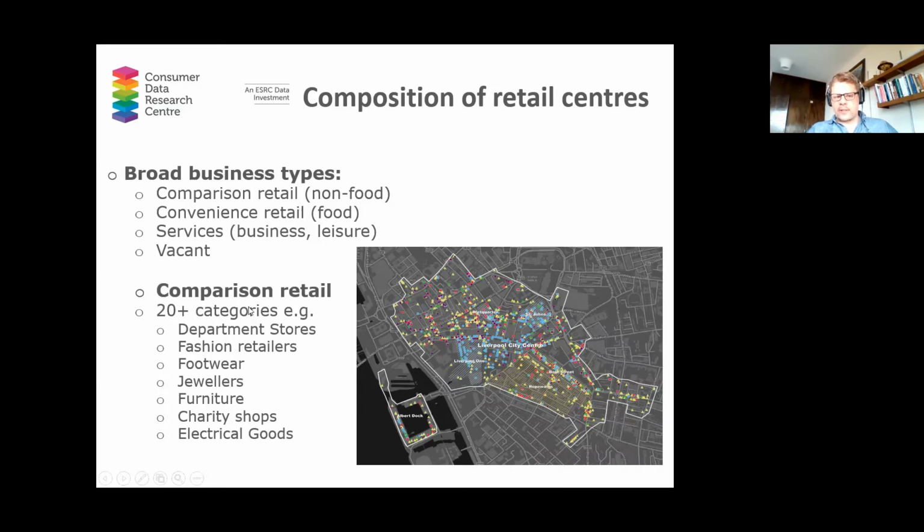And there's even a more detailed classification called subcategories, which divides these mid-level groups into smaller ones. For example, the fashion retailers would be divided further into general fashion, men's fashion, women's fashion, children's fashion, and so on and so on.